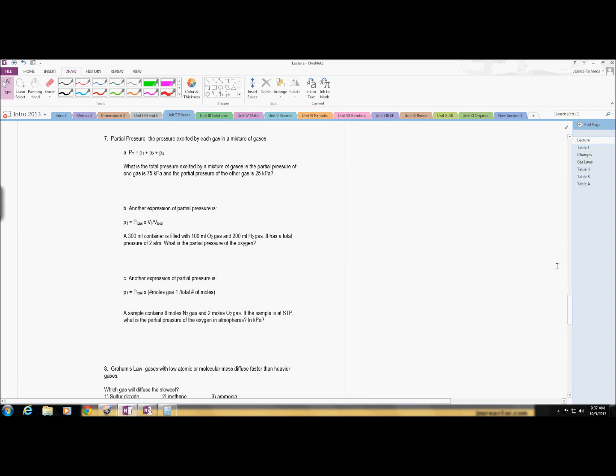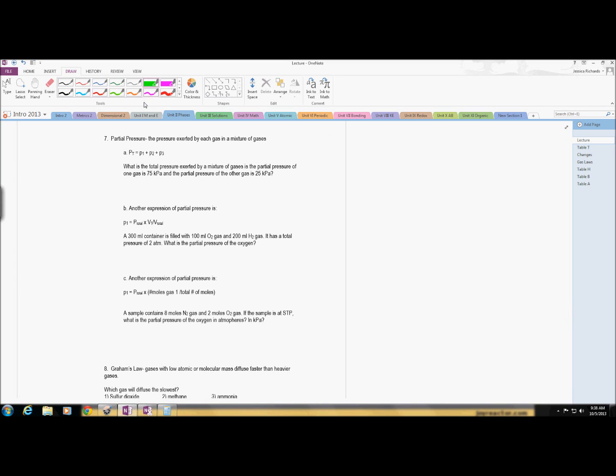In partial pressure, the really hard concept here is that the sum of the parts equals the total, and that's really it. So if you have a mixture of gases, and there's more than one type of gas in there, if you add up all of their partial pressures, then it would have the total atmospheric pressure of that sample.